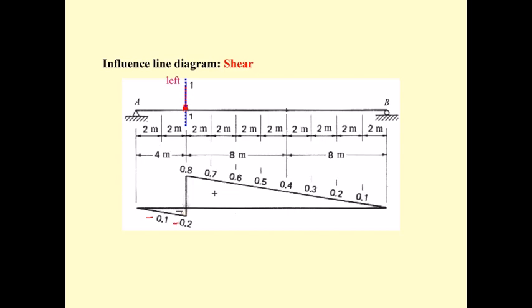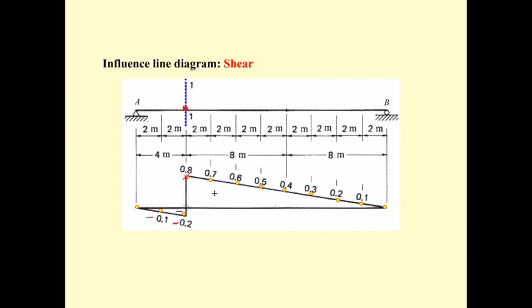And when it moves to the right, you get positive 0.8, and then it will follow 0.7, 0.6, 0.5, 0.4, 0.3, 0.2, 0.1, and then when the force acts at the roller B, there is no shear at section 1.